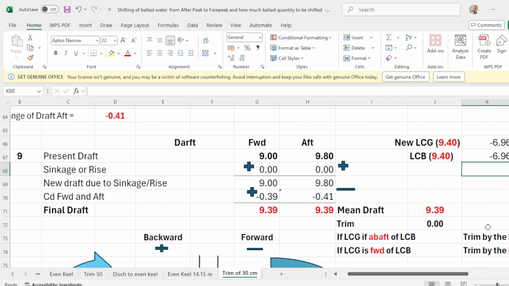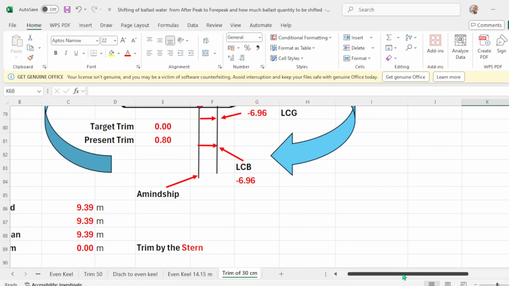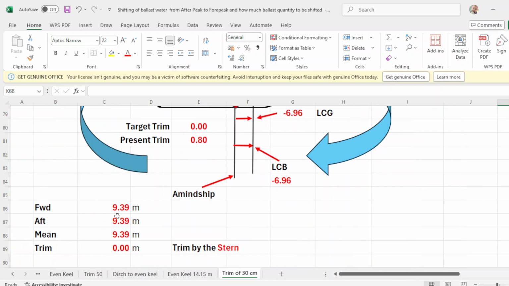Okay, that is the same here. Your forward drop will be 9.39, up drop will be 9.39, mean is 9.39, zero trim, and there is even keel. You are now in even keel condition.